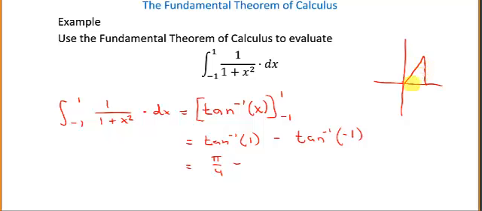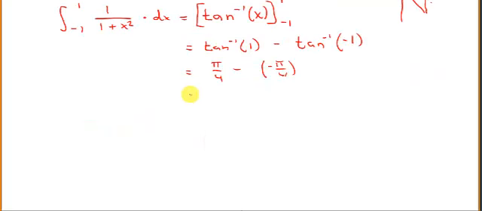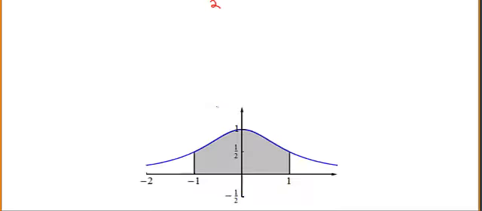So this would be pi over 4, and for the interval that tangent is on that has an inverse, this one would have a negative 1 over 1, and that would be negative pi over 4, so minus a negative pi over 4, and pi over 4 minus a negative pi over 4 is pi over 2.